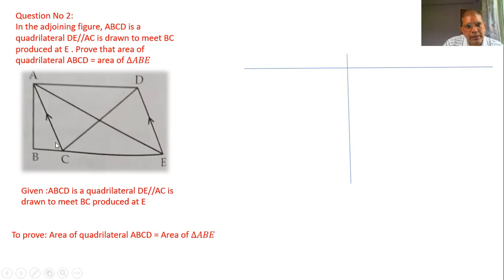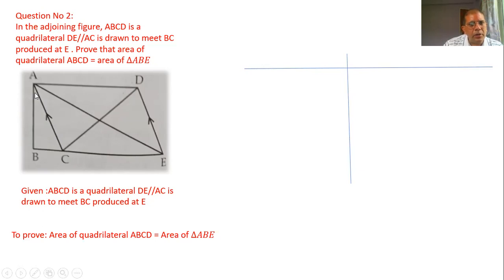These two lines are parallel. If you take AC as the base, then on this base you can observe triangle ADC and triangle AEC. Both triangles are standing on this base AC.